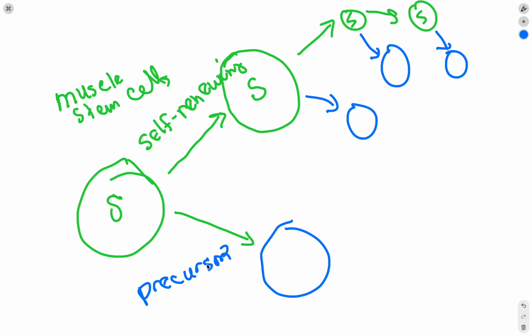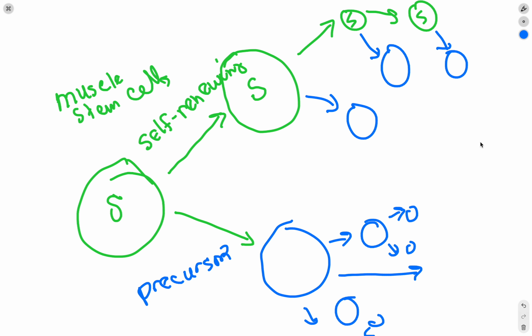We can just call the other a precursor. These precursor cells can divide, and when they divide, they just make more precursors. In the case of the satellite stem cell, those precursors start to change, and they become myoblasts, muscle precursor cells.